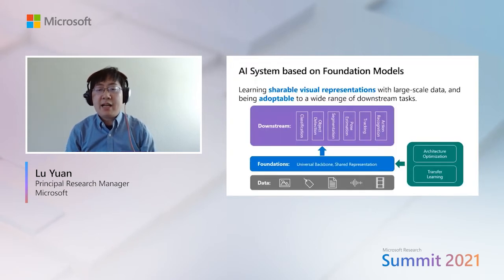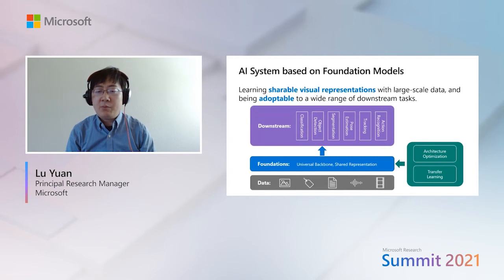Recently, emerging AI systems based on foundation models are leading to surprising progress, for example, GPT-3 and CLIP. In this talk, we will demonstrate how to build such foundation models to learn a shareable visual representation from broad data. The foundation model is based on an optimal network architecture and self-supervised learning.